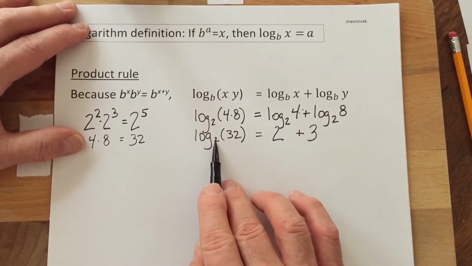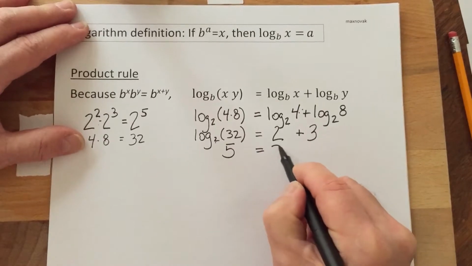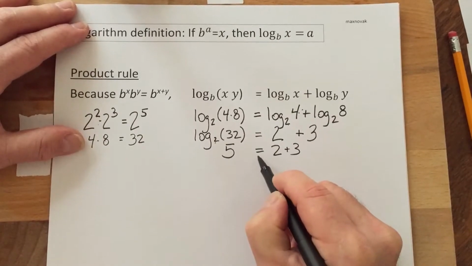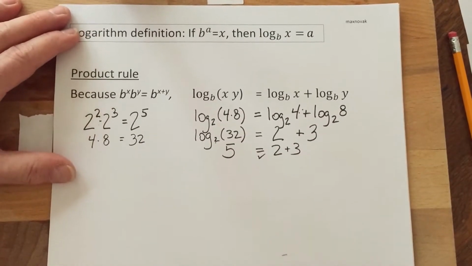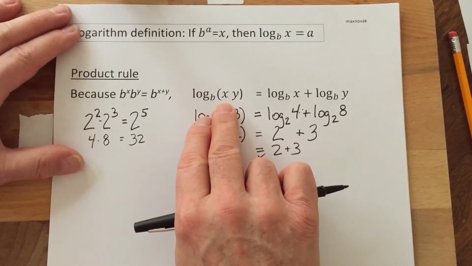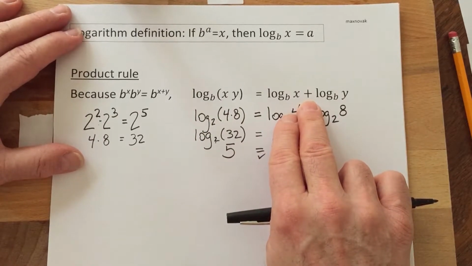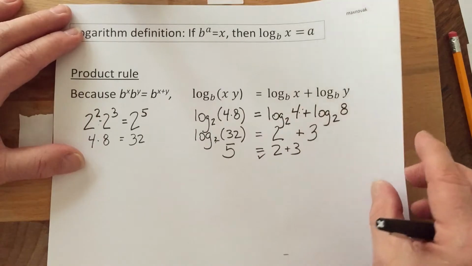What number would you raise 2 to get to 32? It's 5. That equals 2 plus 3. So if you have a product in your log argument, you can separate that product into two added logs.